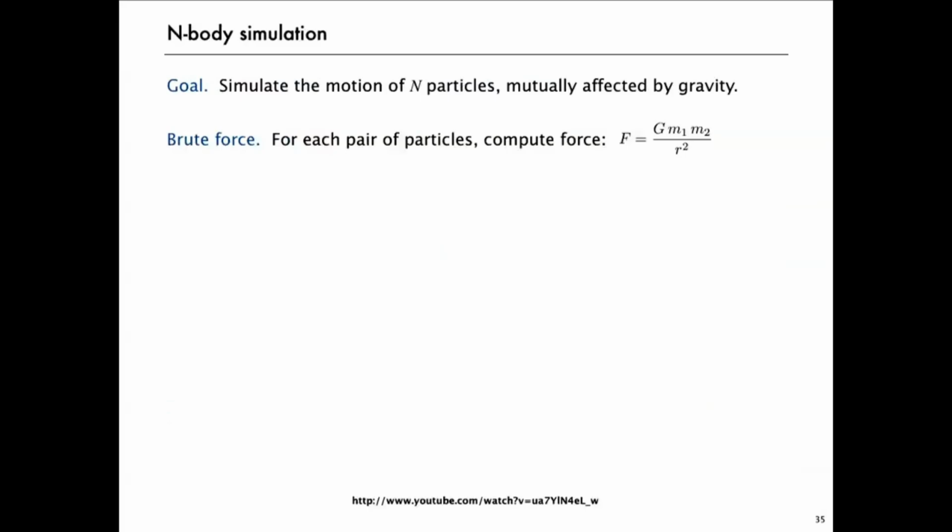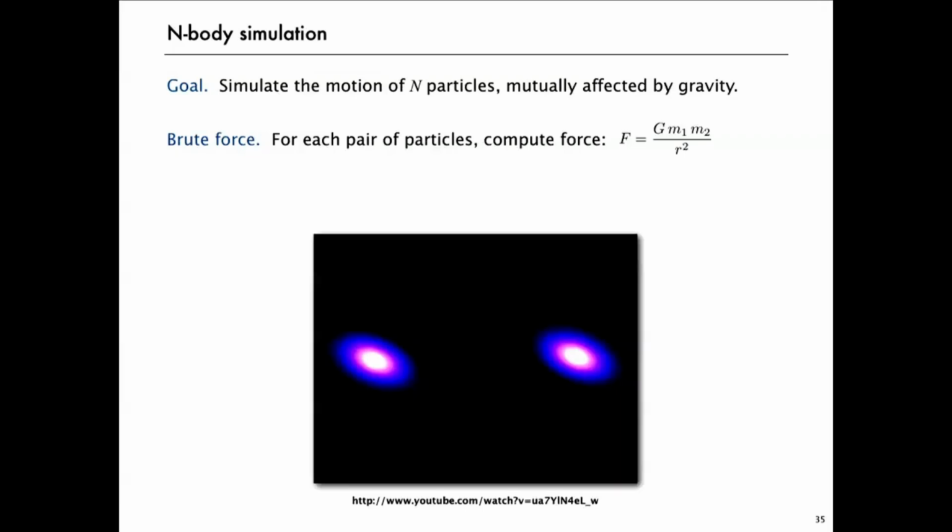And in particular, just as another example, consider the idea of n-body simulation, which is a classic problem in physics. Where you've got n particles mutually affected by gravity, and basically the computation is based on computing the interacting force for each pair of particles.